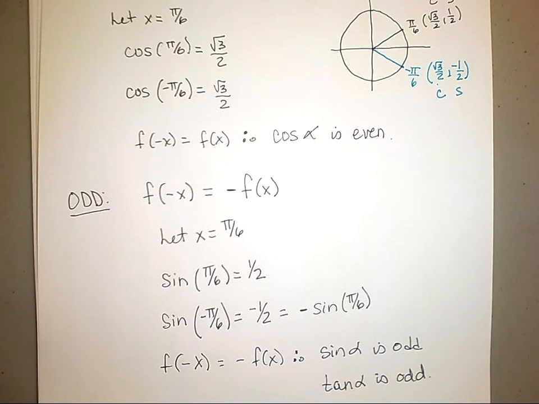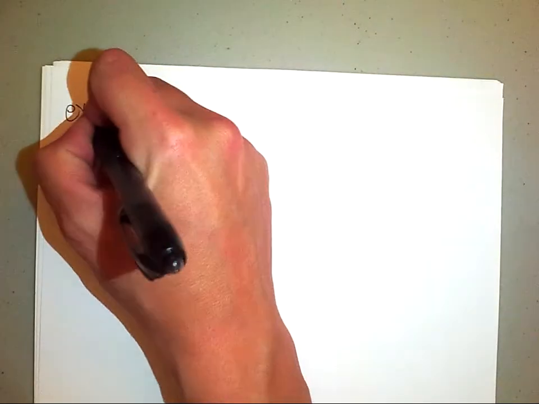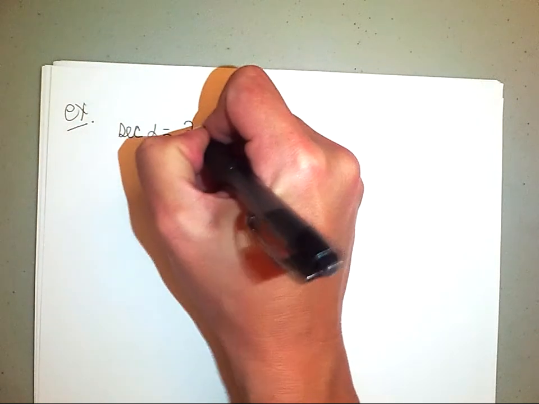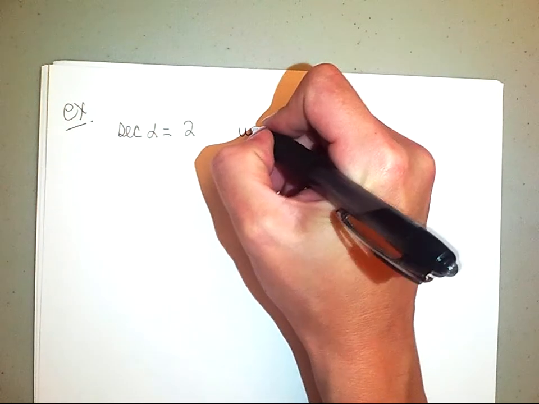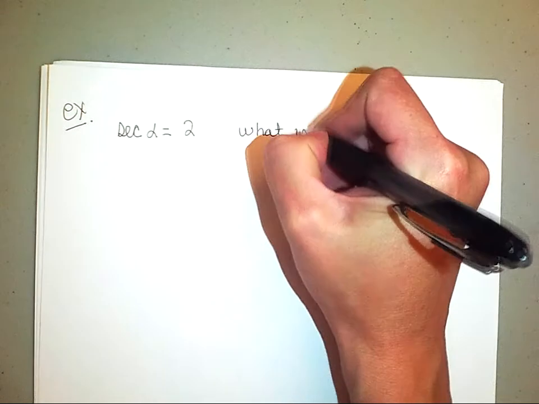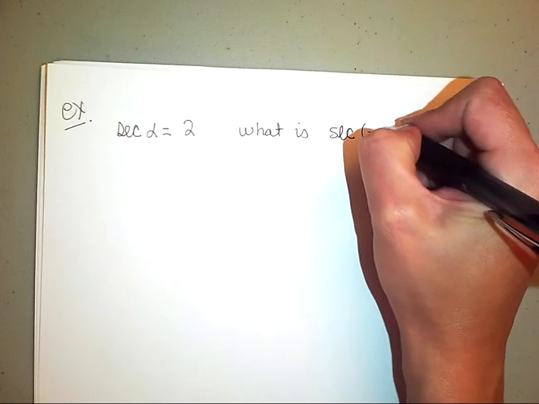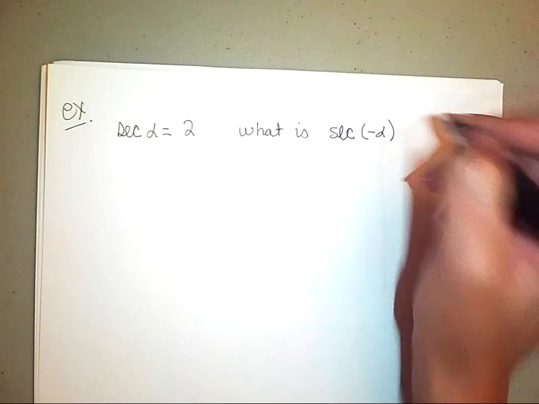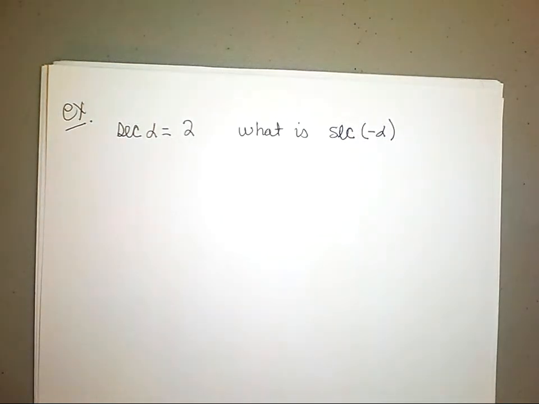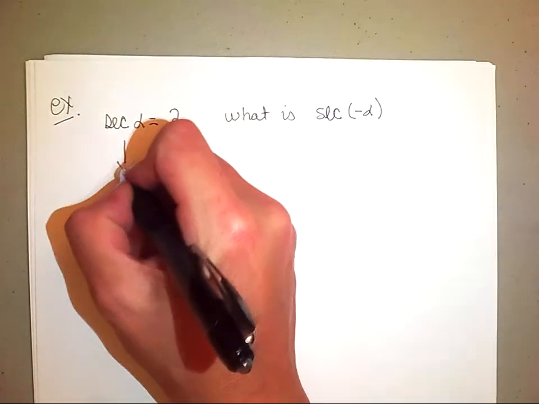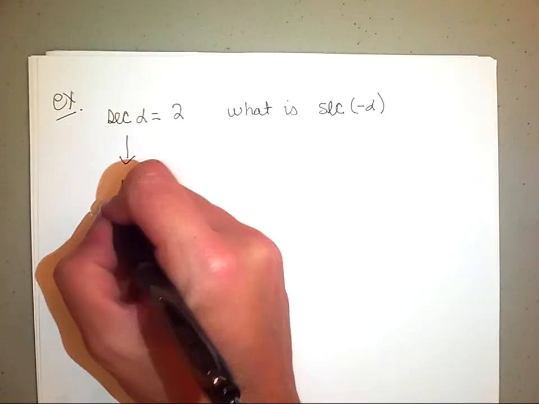So let's think about this. If we have the secant of alpha is equal to 2, what is the secant of negative alpha? Well, let's think about this. We know that the secant of alpha is 1 over the cosine of alpha.